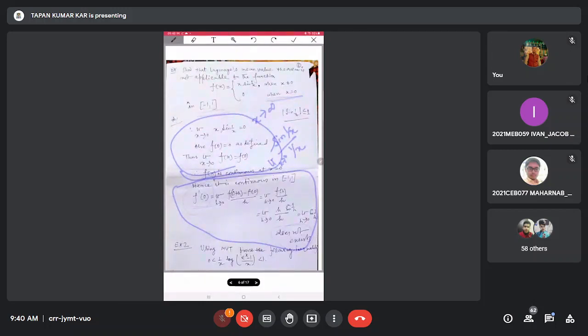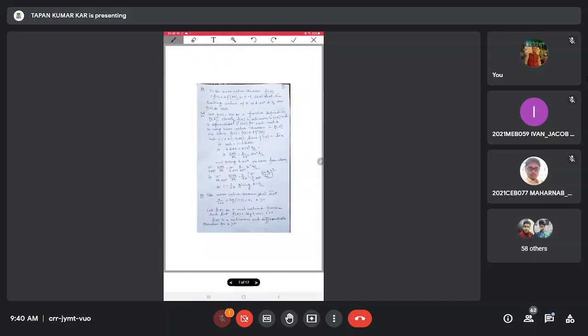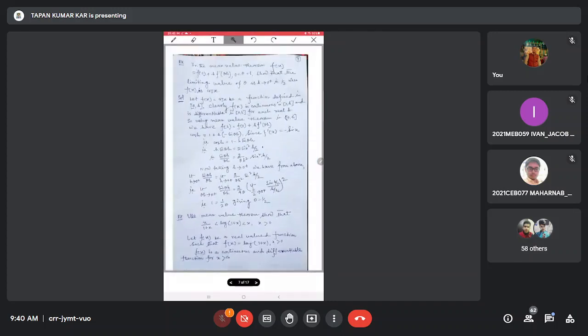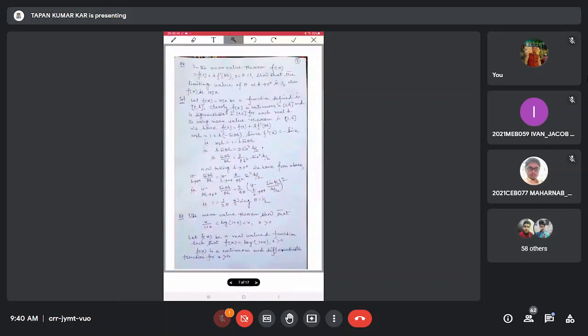And this type of inequality also, I have solved some examples. Look at this: f(x) equal to f(0)... I have mentioned Lagrange's mean value theorem, f(a+h) equals f(a) plus h f'(theta h). But here a is taken as 0.